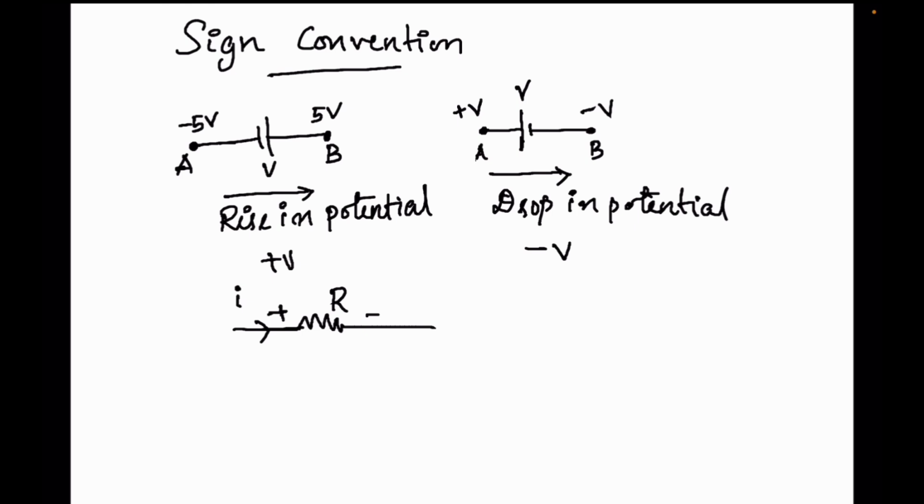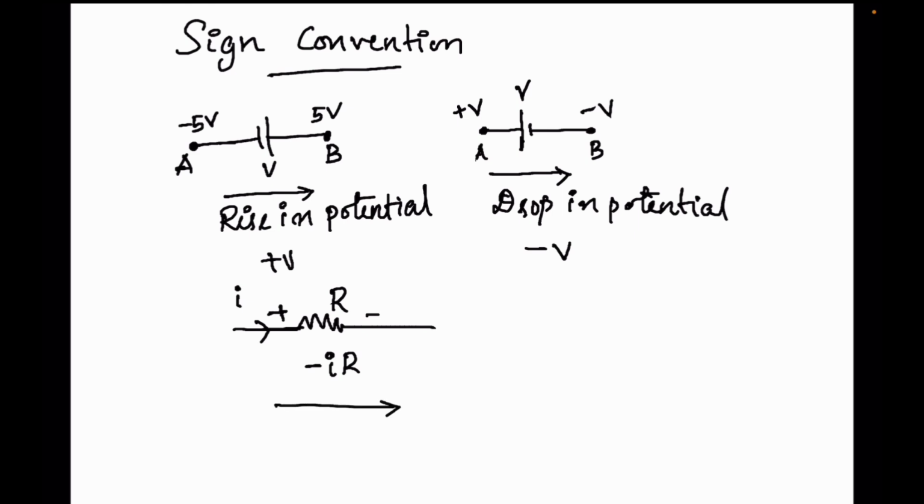What will happen when the current flows through the resistor? There will be a potential drop. The word itself says there is a drop in potential. So potential drop is always shown as minus. Minus IR if we are moving in this direction as the direction of current.